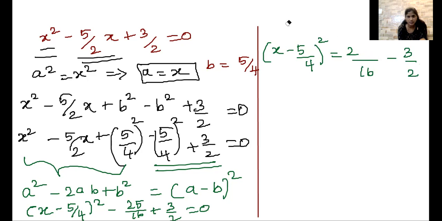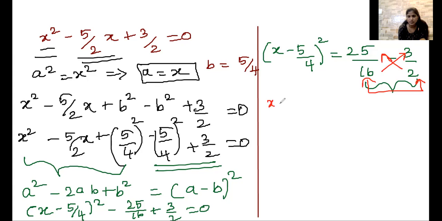Let me write this clearly. Here you do have two different denominators. Whenever you have two different denominators, you have to go for LCM.